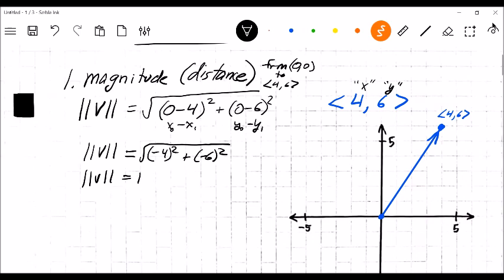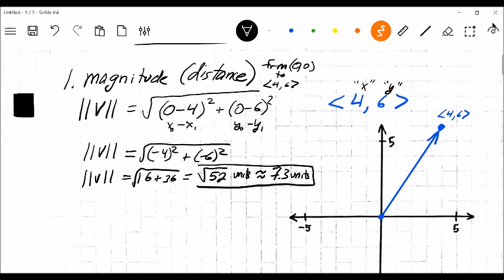And since negative 4 squared is positive 16, and negative 6 squared is positive 36, we get the square root of 52 units, which is approximately equal to 7.3 units. And that would be our answer.